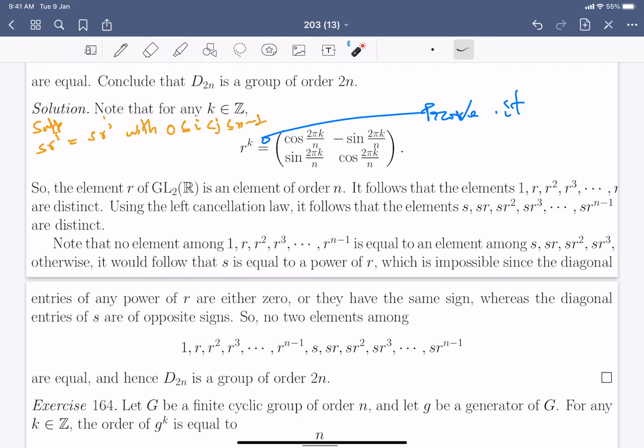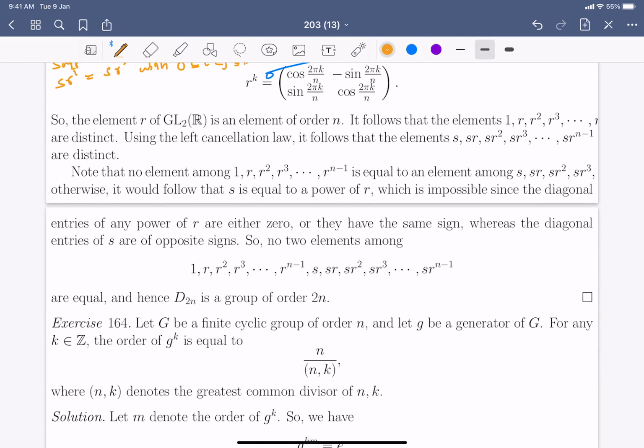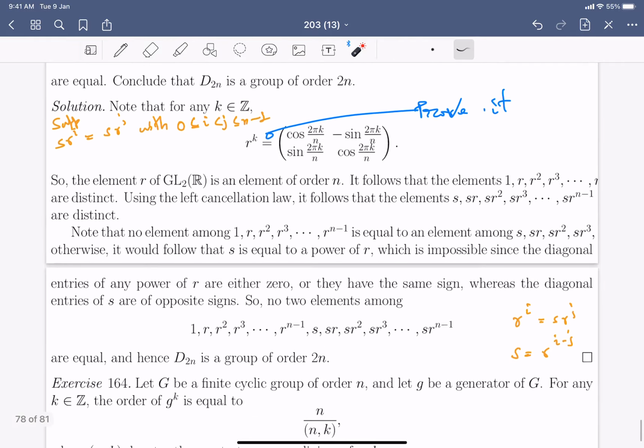If that is not the case, that means some element from here is equal to some other element from here. So if R to the I is the same as S times R to the J, then it follows that S is R to the power I minus J, so S is equal to a power of R. One can show that that is impossible, because the diagonal entries of any power of R are either 0 or have the same sign, because you have got cosines.